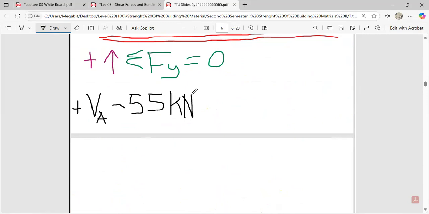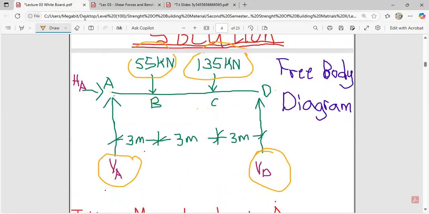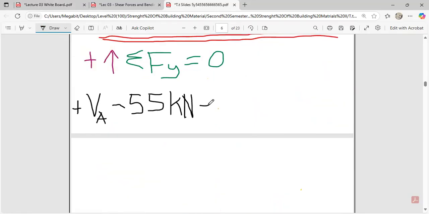Then the next one, the 135 kilonewton. You realize that it is moving downwards, so it's also going to be negative: minus 135 kilonewton.